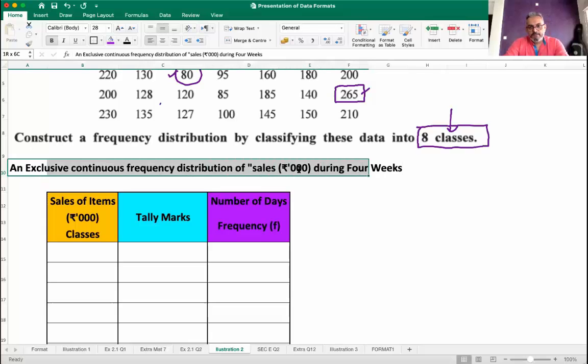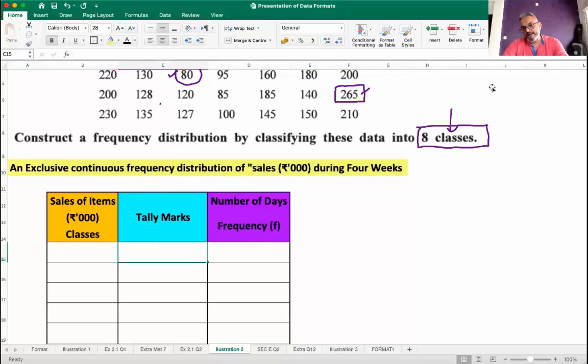Heading is required. Please don't forget the heading, otherwise you will lose marks in exam. It is compulsory to write a heading.